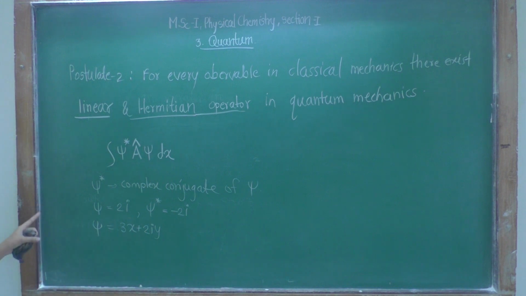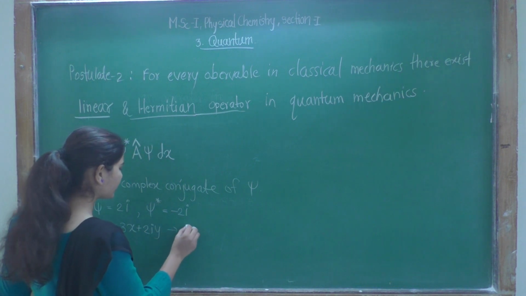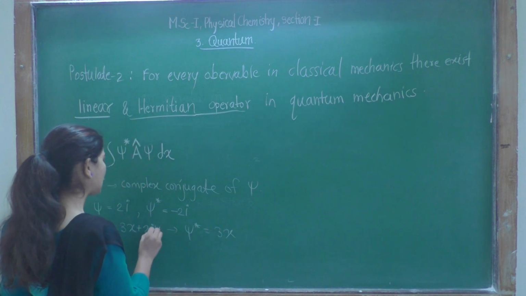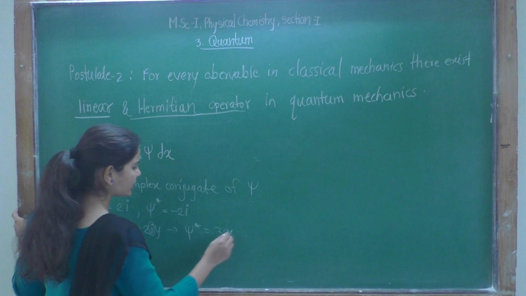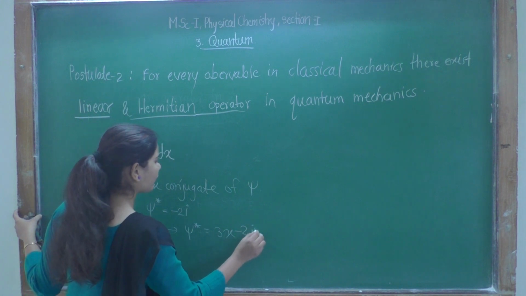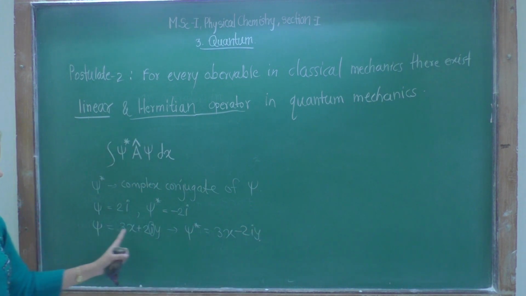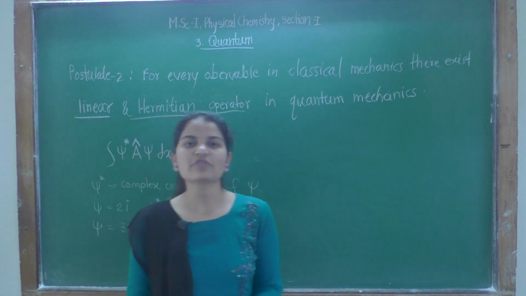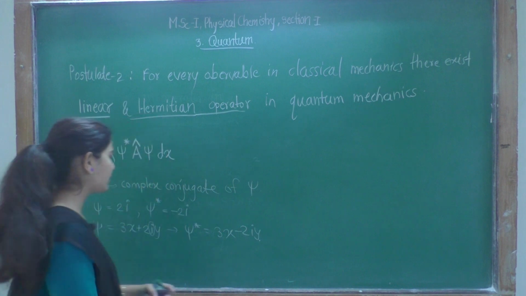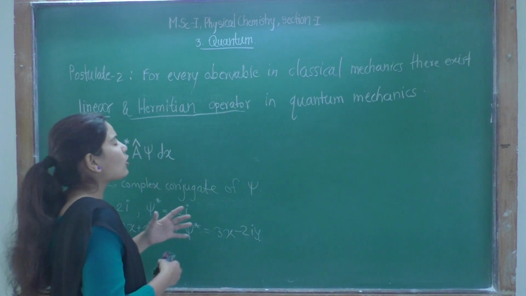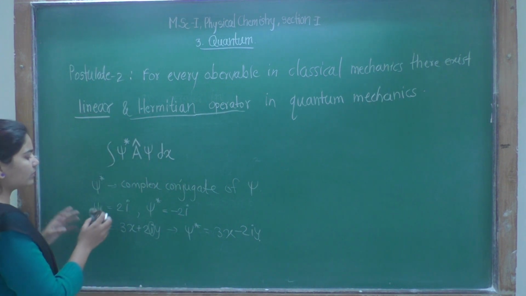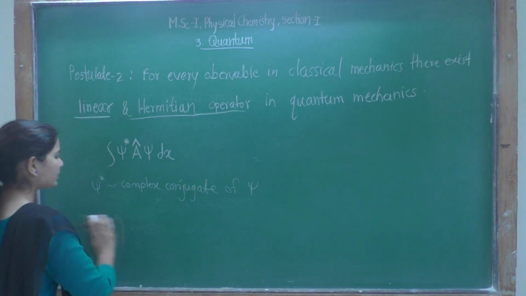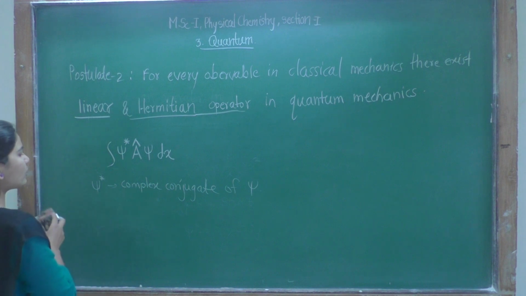What will be its complex conjugate? Psi star is equal to 3x as it is, but here there is i, so the sign will change: minus 2iy. This will be the complex conjugate of this psi, right. So there will be a change of sign of the imaginary number. i is an imaginary or complex number, so we just take the negative sign for the complex part in the case of the complex conjugate.